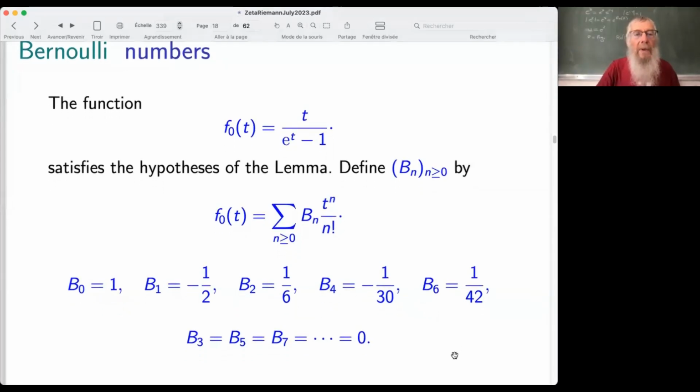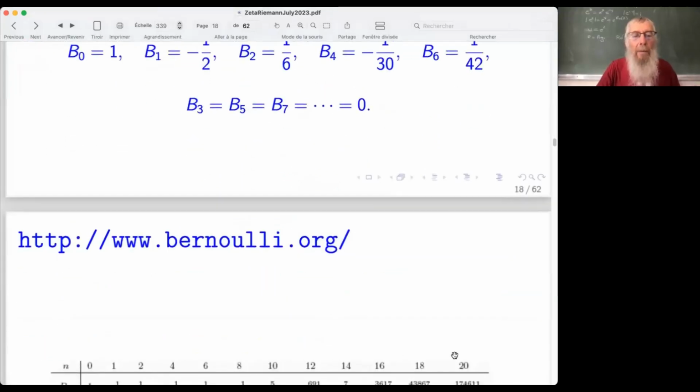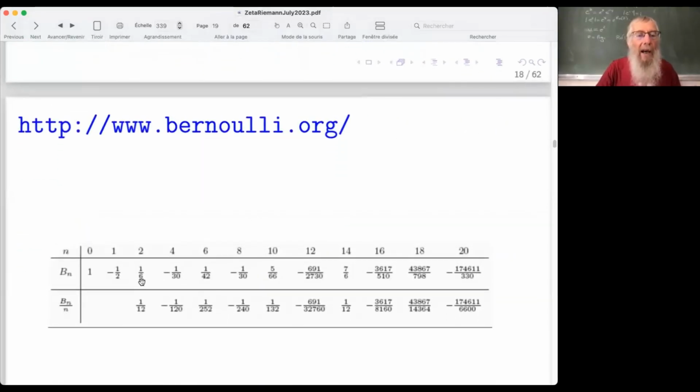So this is the sequence of Bernoulli numbers, which again will play a very important role. And I have here a table of the values of the Bernoulli numbers for the first even values of n, 2, 4, 6, and so on. And I write below bn over n because these are the numbers which will occur as the values of the zeta function at the negative integers.